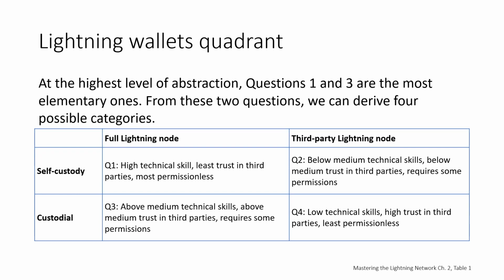The same thing for quadrant three, where you've got custodial funds, but you've got a full Lightning node. Quadrant three is not common, but there may be some increase in the future.